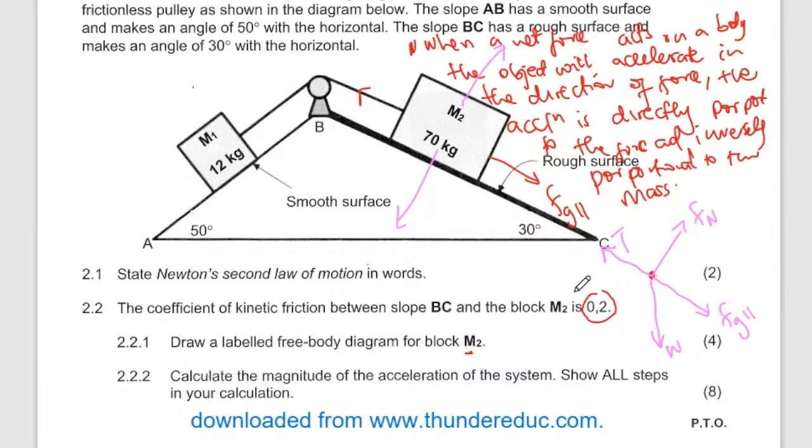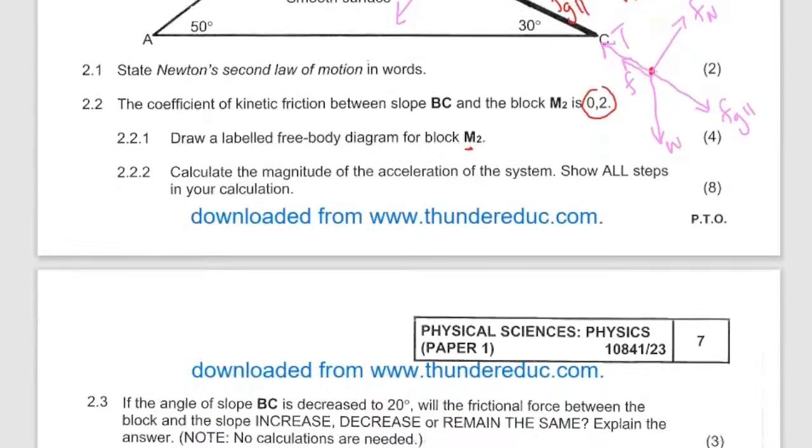Is there friction? Yes. That means there's also another friction force. Okay. So we have roundabout 5 forces. Then they want us to calculate the magnitude of the acceleration of the system.